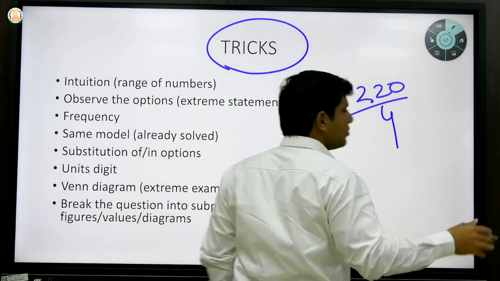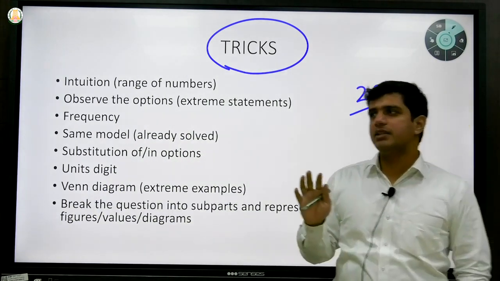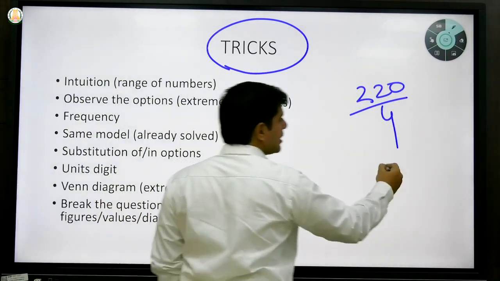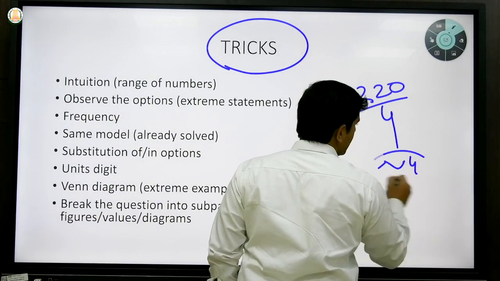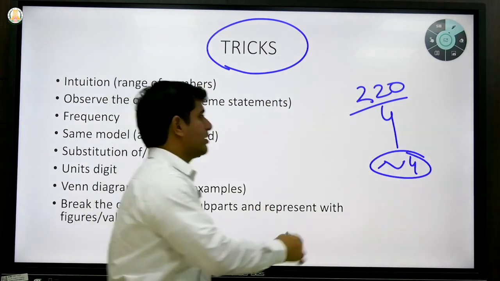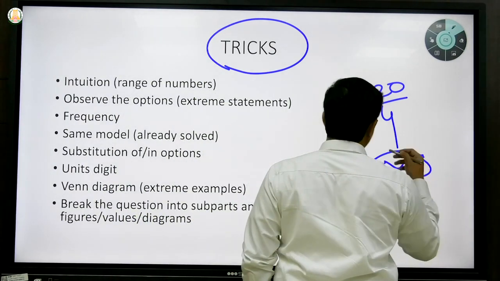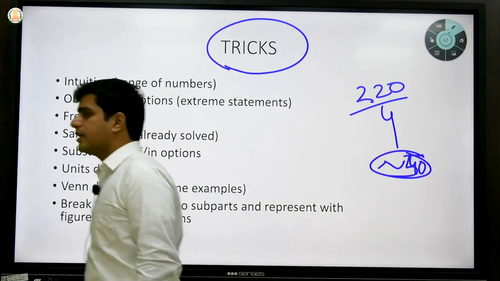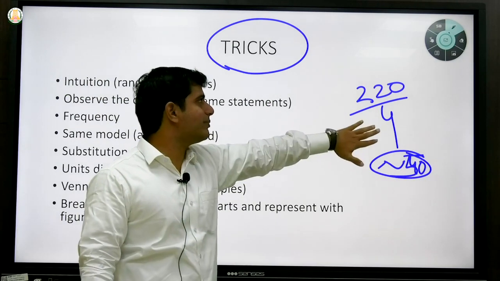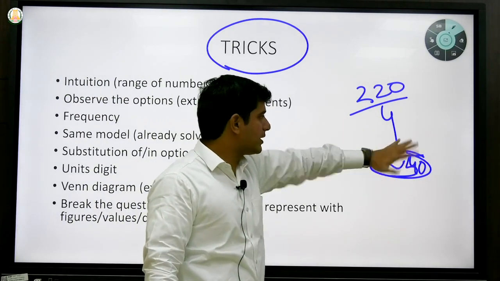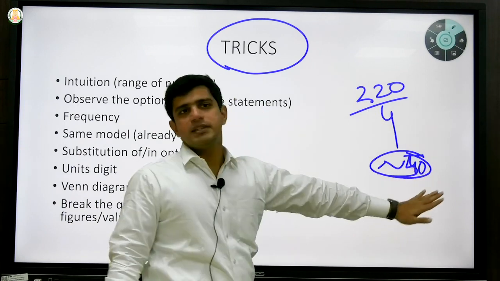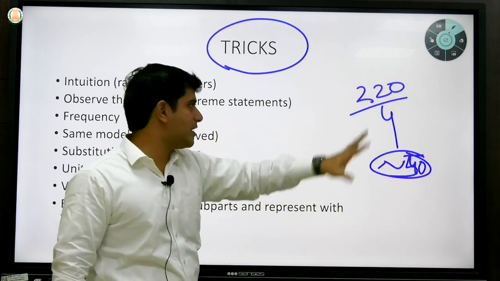You know that 200 is in the range of 50 times 4, so the answer will be somewhere near 50, in the range of 55, because 4 times 50 is 200. If they ask 220 by 4, you can know that the range might be near 50, because we know 4 into 50 is 200. That is intuition, meaning you will know the range.